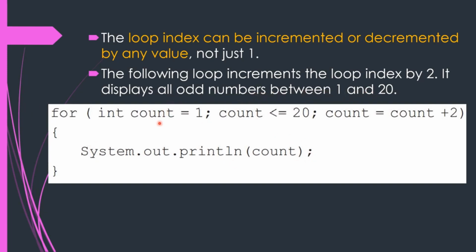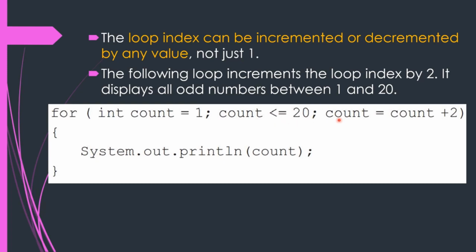First of all, let us see the loop. Here the condition or the expression provided after the for statement is int count equal 1. So we have initialized the value as 1. Then count less than or equal to 20. Here the count is less than or equal to 20. This is the test condition.